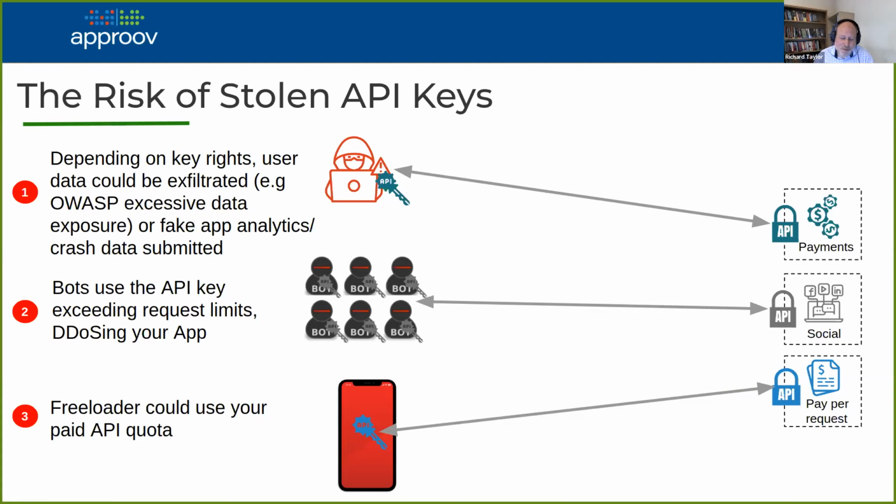And that could be used as an act of vandalism, in effect a DDoS attack, because if that occurs, then the quota is used up and the real app itself will be rejected and effectively won't be able to function because it won't be able to get access to backend APIs. And if you have some backend APIs that are pay for use, then there's a possibility that if the API key is extracted, some freeloader could be using that API key to get access to your API on your account, and therefore using up some of your paid quota.